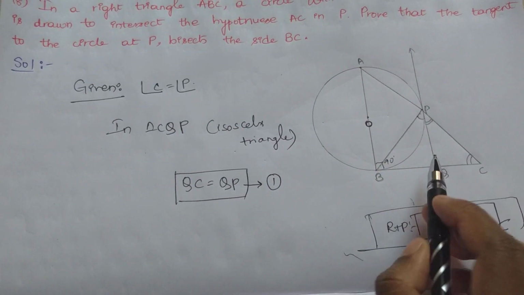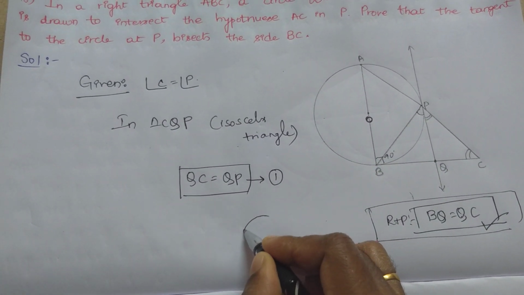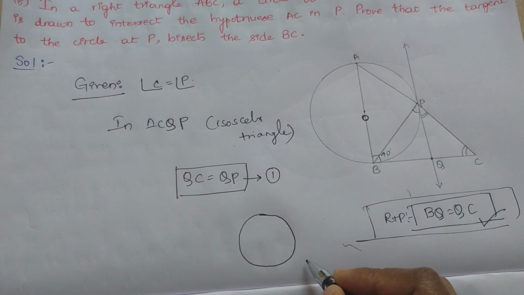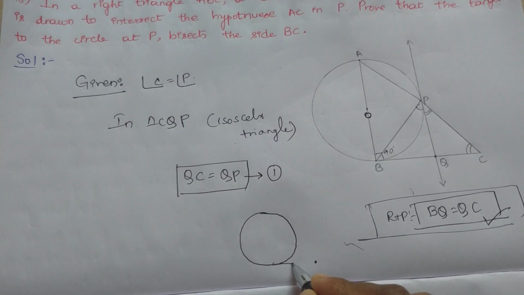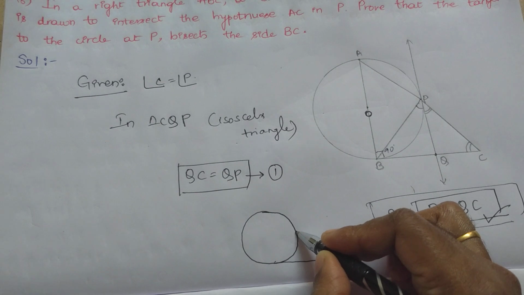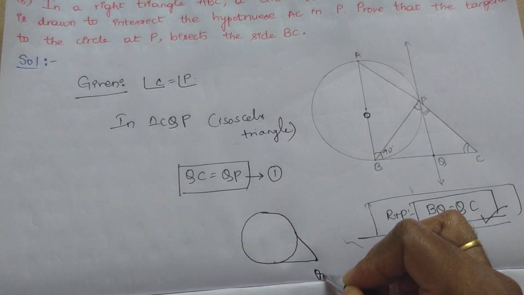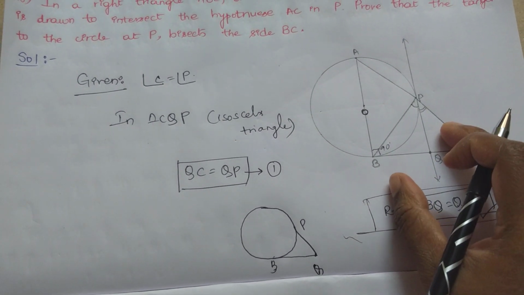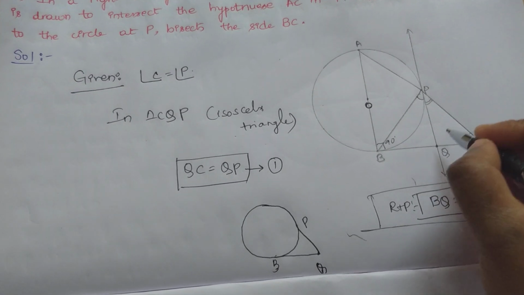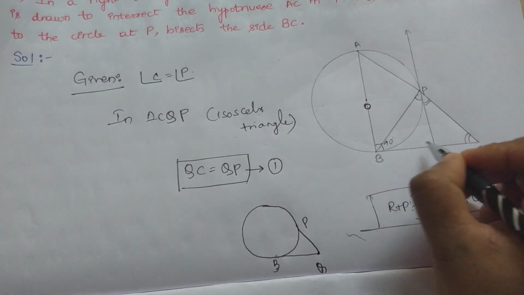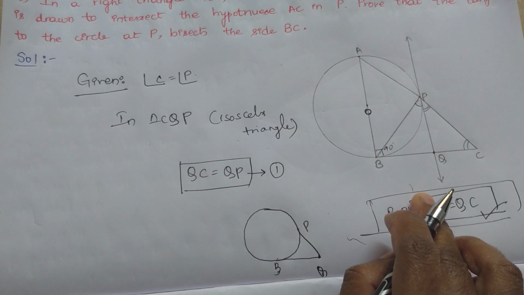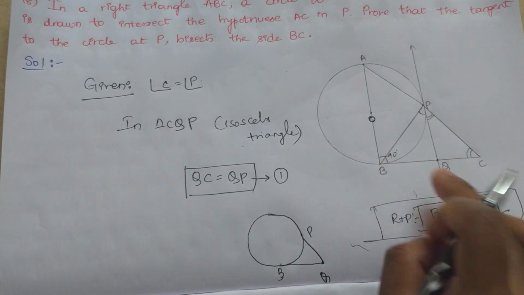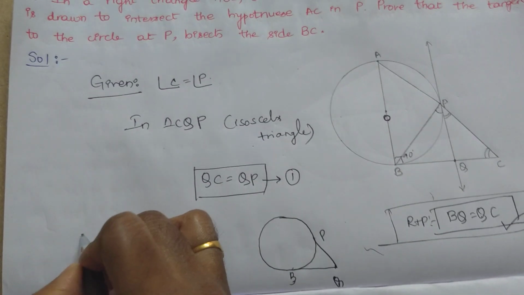When you consider this as a circle, same circle, from here to B and from here to P. So this point is Q and this point is P and this is B. Same figure, I am just drawing separately. When you consider this as an external point, how many tangents? 2 tangents. So from theorem 9.2, the lengths of the tangents drawn from an external point to the circle are equal.